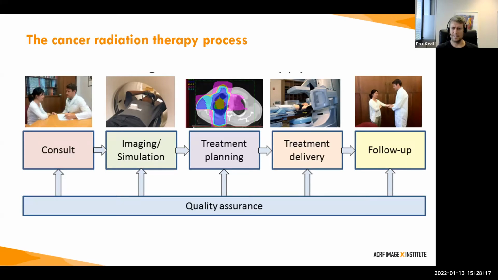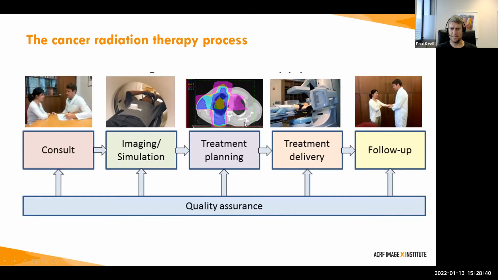So there's quite a challenge, and there are a number of tools that we use to help us visualize or at least manage this problem.